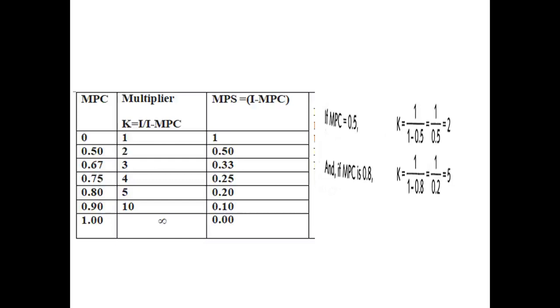Now, if we say MPC is equal to 1, multiplier is infinite. So, MPC increases, multiplier also increases. But there is a negative relation, inverse relation between MPS and multiplier. MPS decreases, so multiplier increases.